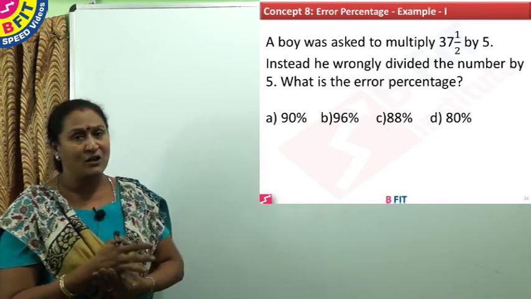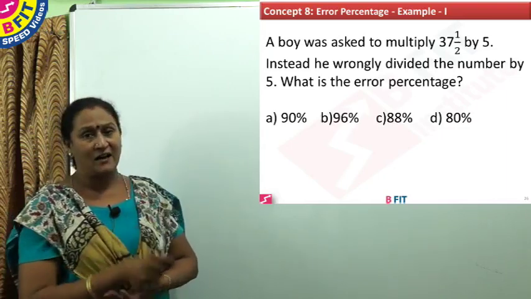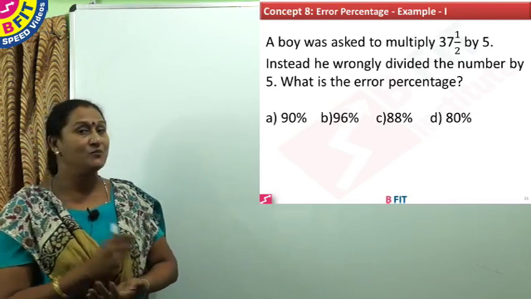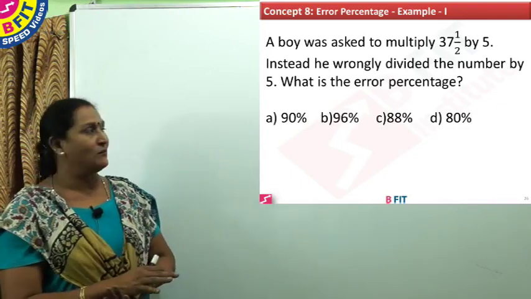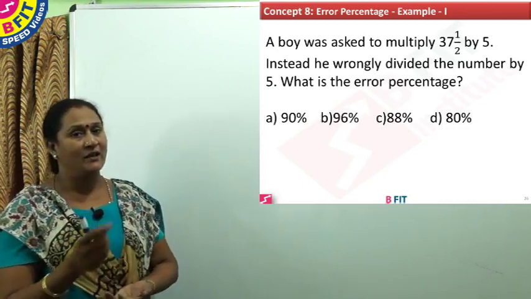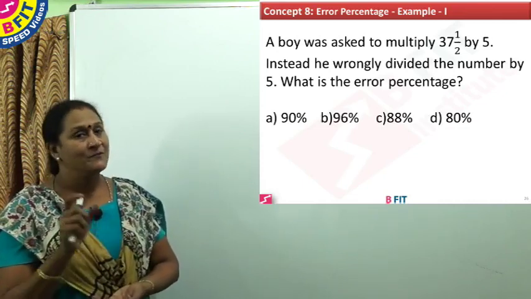But instead of doing all this, this 37.5 is irrelevant in this working. They give this number to mislead you. For any number multiplied with 5 or divided by 5, to find the percentage or ratio, you will arrive at the same answer.